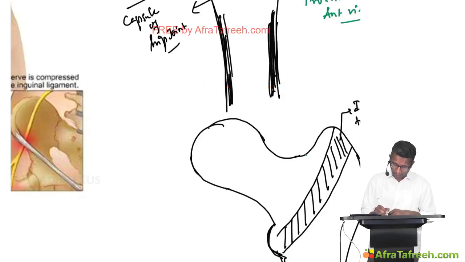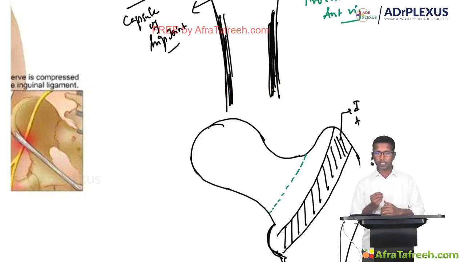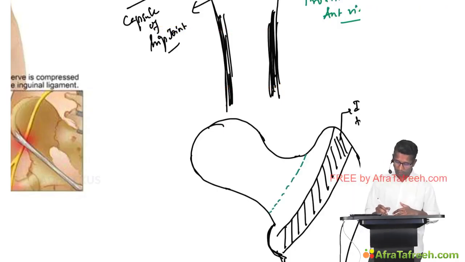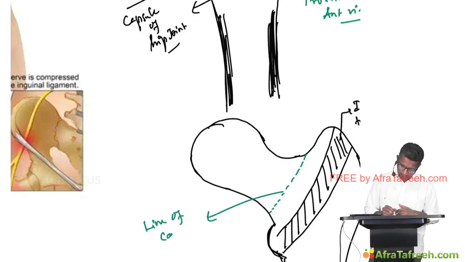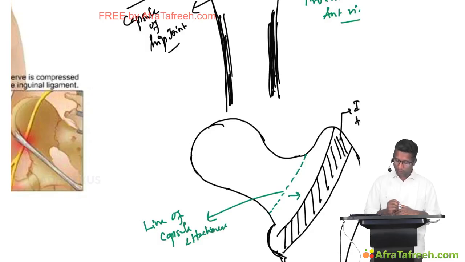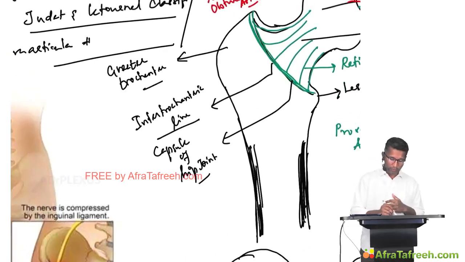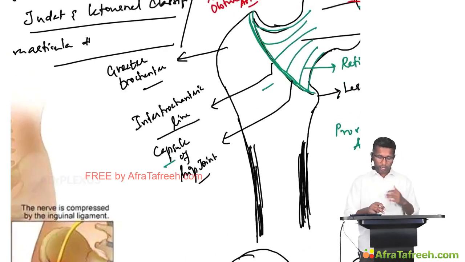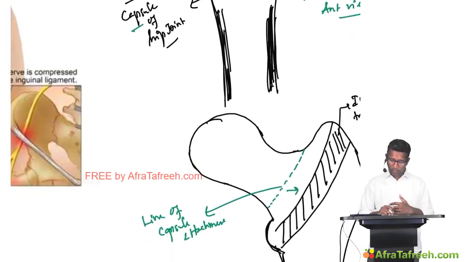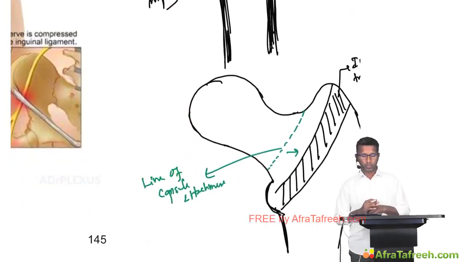The capsule is attached medial to the intertrochanteric crest. This is the line of capsule attachment, and it is not attached to the crest. So please remember, anteriorly the capsule is attached to the intertrochanteric line, but posteriorly it is not attached to the intertrochanteric crest.